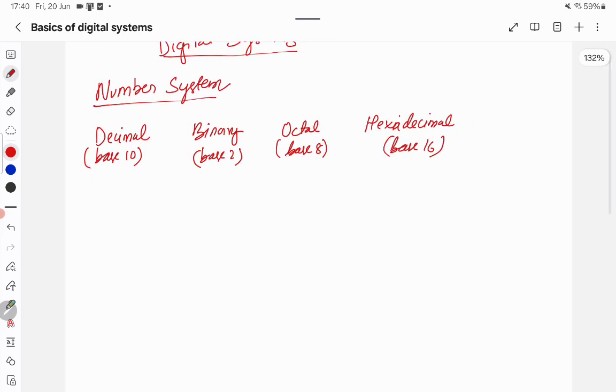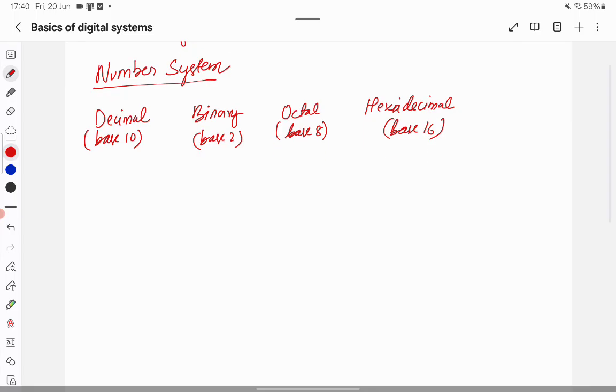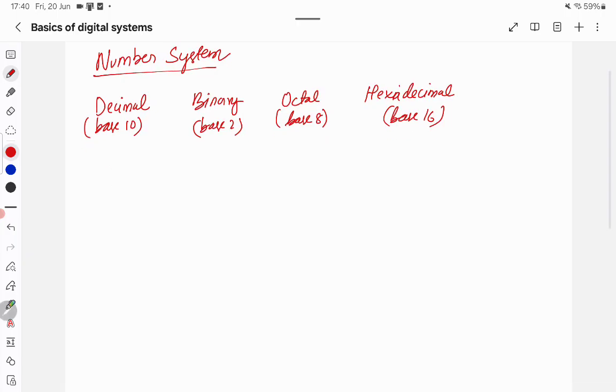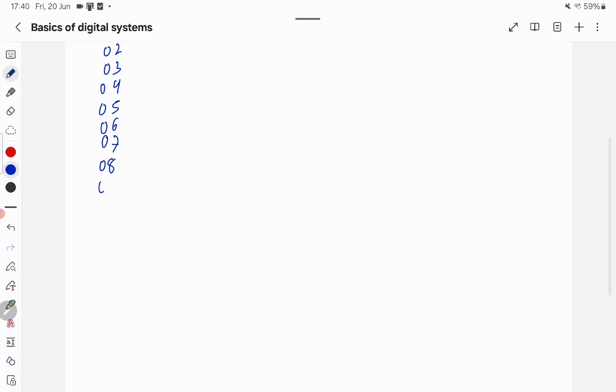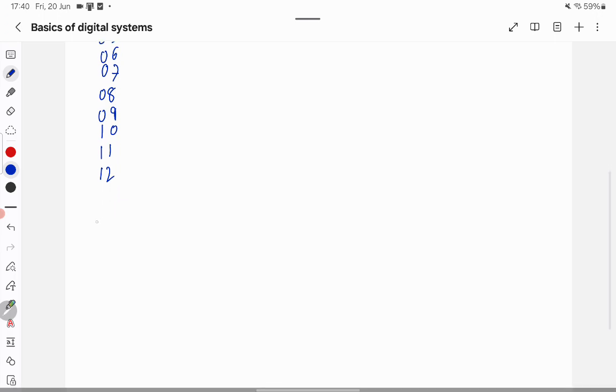These are the basics of the number system, where we should know how to represent the digits in different bases. In decimal, we can represent as 00, 01, 02, 03, 04, 05, 06, 07, 08, 09, 10, 11, 12, as we have studied in mathematics, 13, 14, 15.